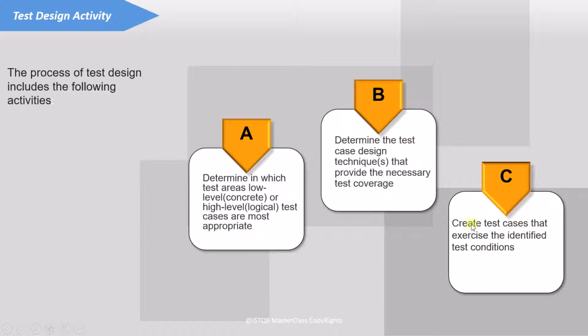Before writing the test cases, we have to ensure these two steps. The first one is to identify low level testing or high level testing for the test condition. Then we have to identify which technique we are going to apply here. Once we decide both of these, then we have to write the test case for that particular requirement. So these are the activities done during the test design phase.